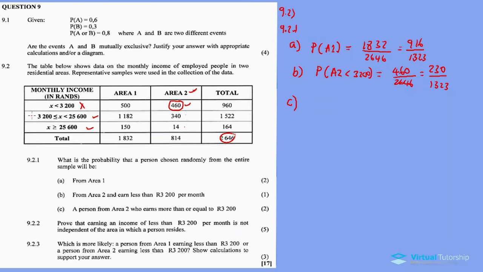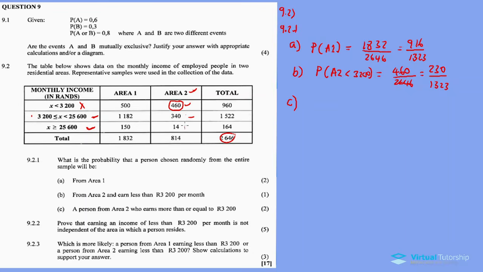So these two, this one and this one, give 7 in our calculation, the number of people in question, who satisfy this condition, which is more than or equal to 25,000 rand, more than 3,200.